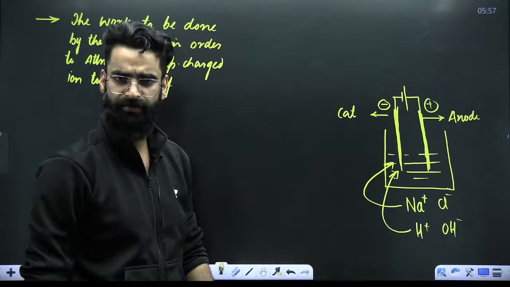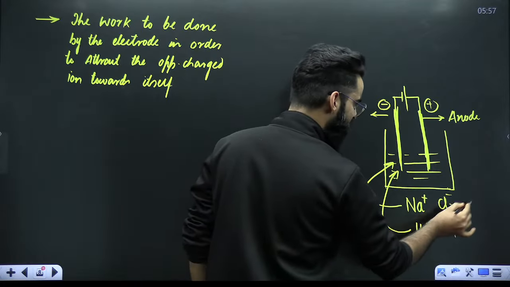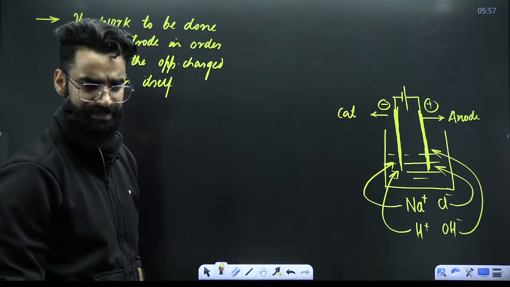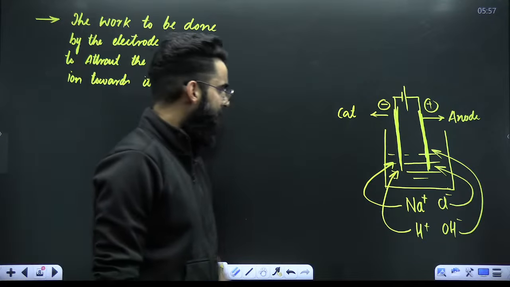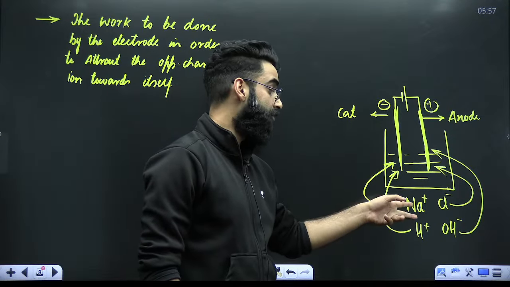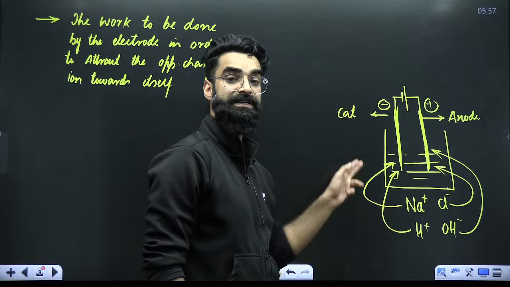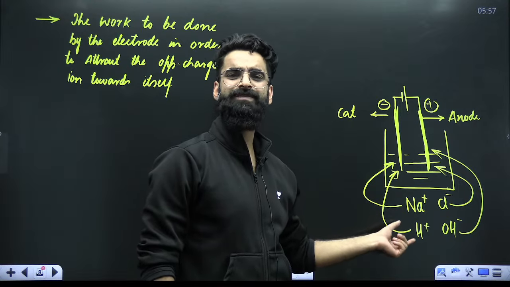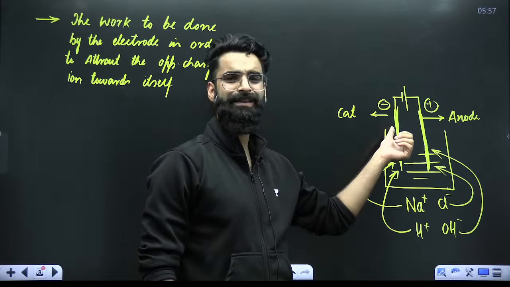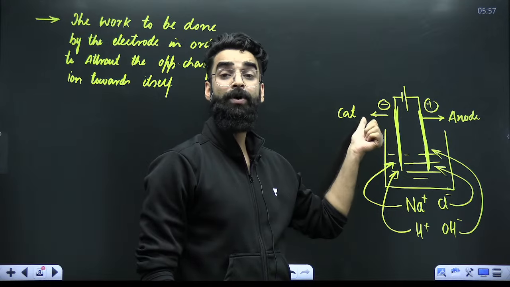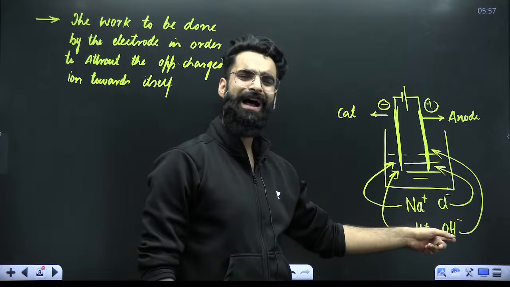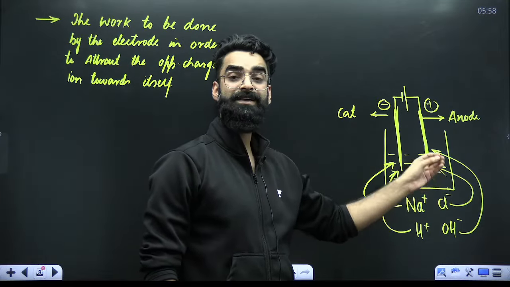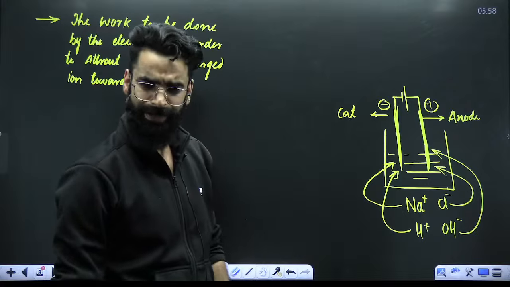Similarly, the positively charged rod will try to attract this one as well as this one, right? Since the negatively charged rod is attracting Na positive as well as H positive, both of them would want to undergo reduction at the cathode. Similarly, Cl negative as well as OH negative, both the anions would want to go to the anode and get oxidized there, right?